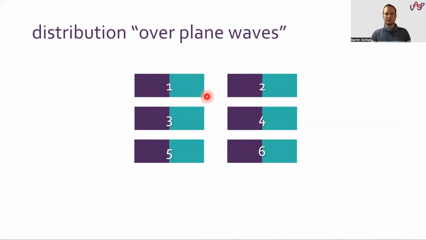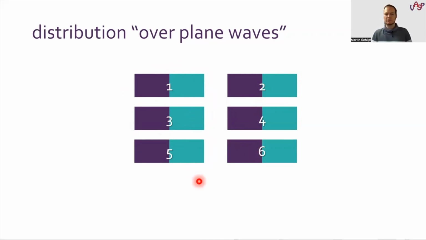This, of course, requires more communication. When we want to do a fast Fourier transform, we need the information from all G vectors. So essentially, in every FFT, there will be a communication across this band. And then the same will happen for the second band, the third band, and so on.